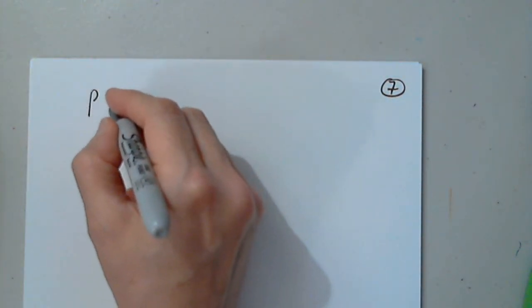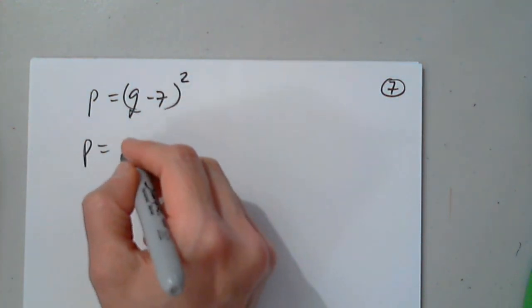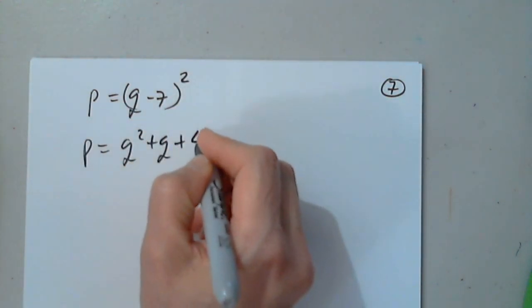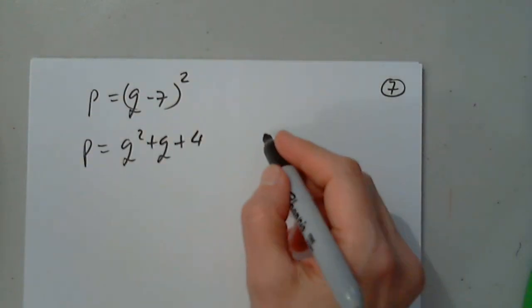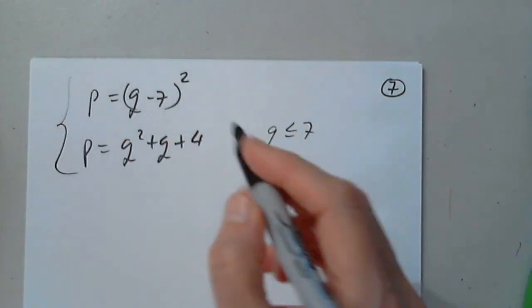How do we determine that? So I have demand and supply: P equals Q minus 7 squared, and P equals Q squared plus Q plus 4. And it says assume that Q is less than or equal to 7. So we're asked to find the equilibrium point.